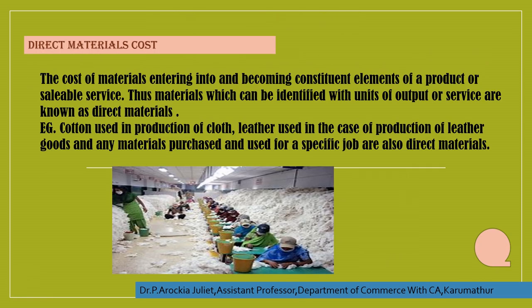Direct material cost. This kind of expenditure makes up a major amount of cost. It becomes a constituent element of a product or saleable service. Material cost that can be identified with units of output or services is known as direct material.